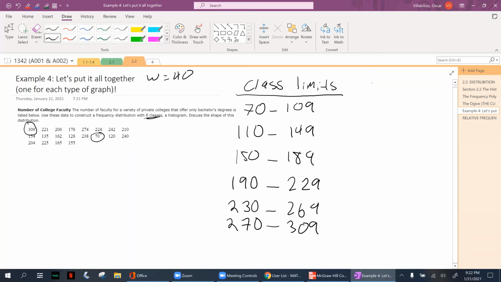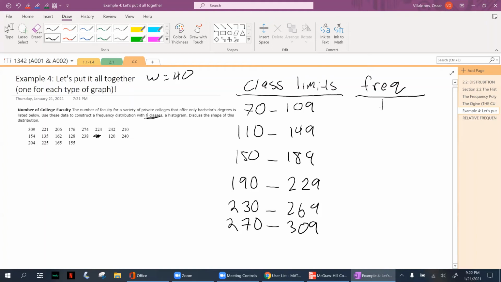And now let's go ahead and find my frequencies. How many numbers are there in this data between 70 and 109? Let's cross them out. I only see 1, so that's going to be 1.